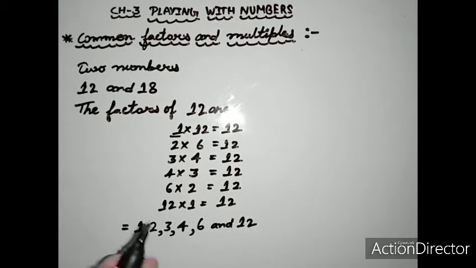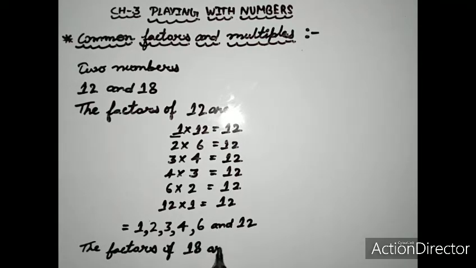Now we use the same method and find the factors of 18. The factors of 18 are 1, 2, 3, 6, 9 and 18.